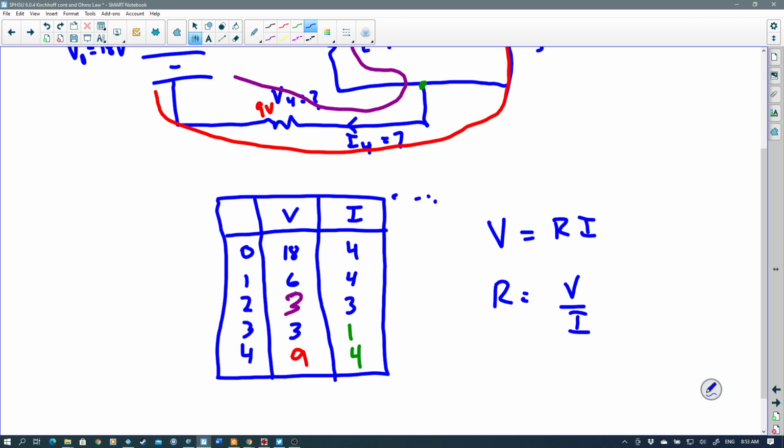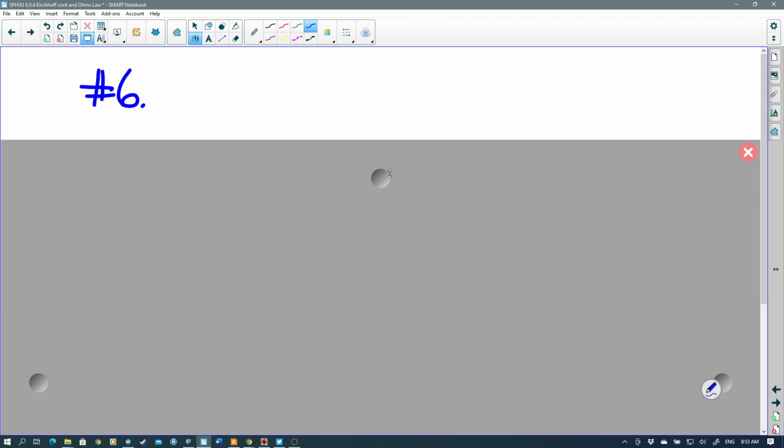And like I said, we could have a third column, or a fourth column, I guess, for resistance here. And we could actually use this equation to calculate what are all of those resistances, because we just divide all of these numbers. Okay? And we'll talk about that a little bit more, because we're going to be soon dealing with Ohm's Law.